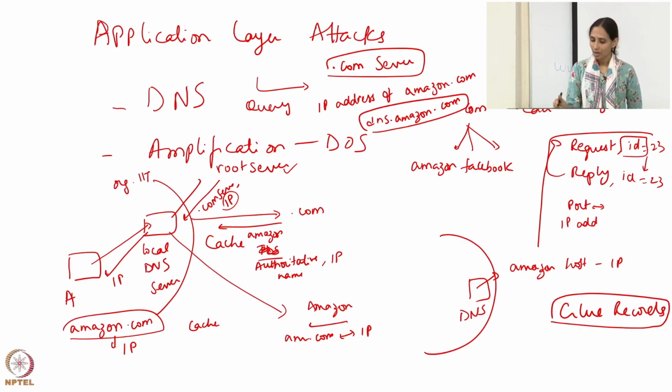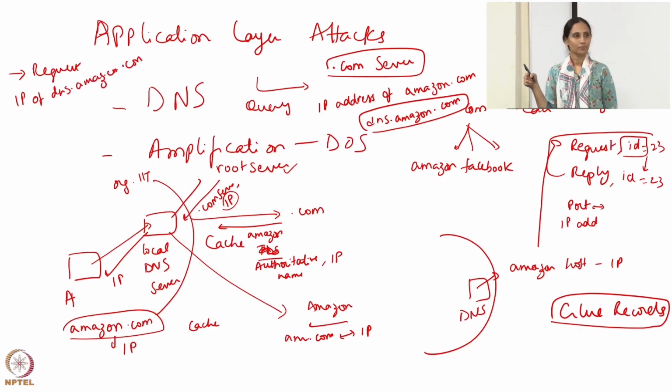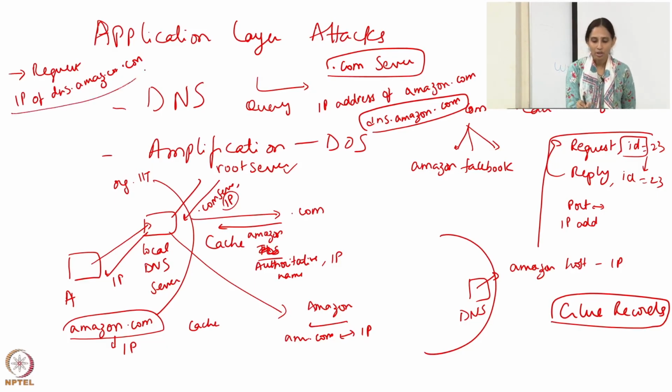So the local server would have to start a new DNS request, tell me the IP address of dns.amazon.com, and this can again go all the way to the root, which adds extra delay in resolving this.